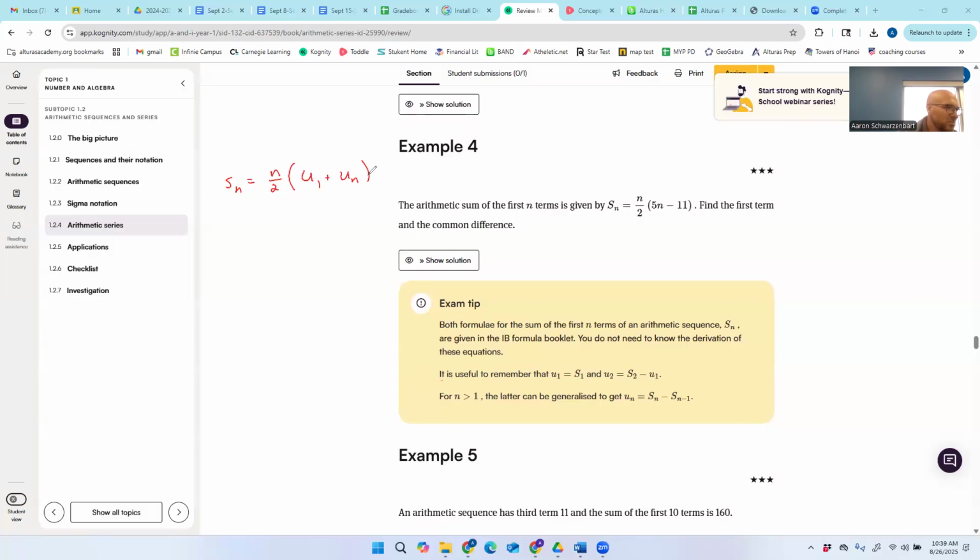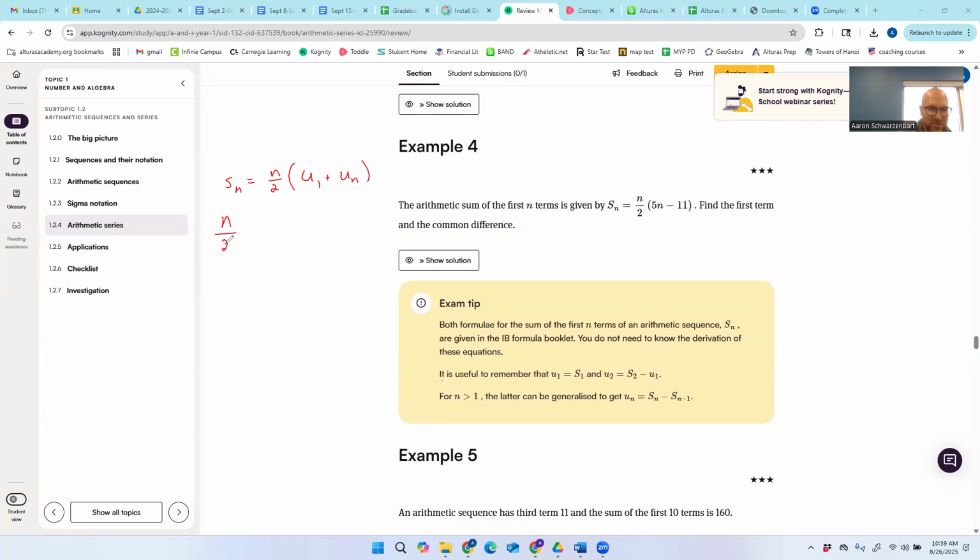So we know the first term. The sum of the first term in the series is the series value.